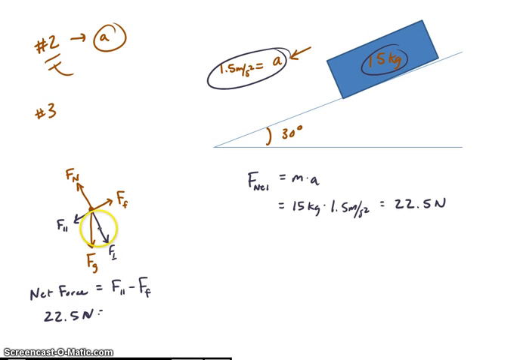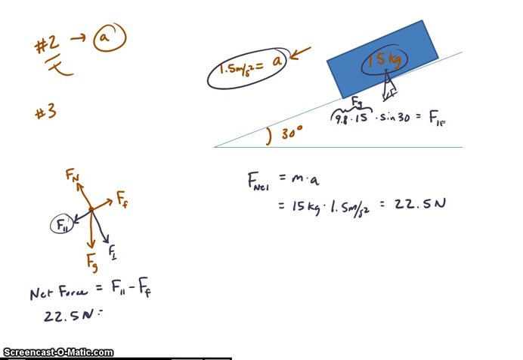Now I can figure out my force parallel based on my triangle. And there's my triangle again. This is my 30-degree angle. And so in other words, the sine of 30 times the weight, which is 15 kilograms times 9.8, that makes up F of G, is going to be equal to my force parallel.